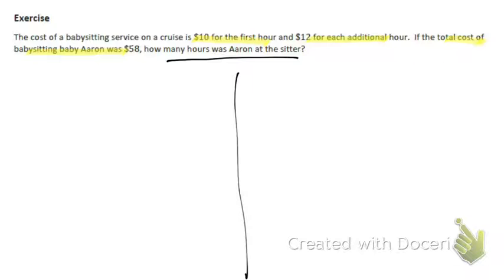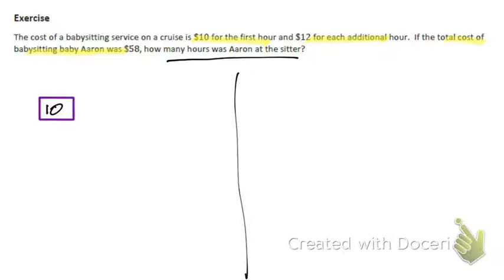This one is a little trickier for the tape diagram because we don't know how many boxes we're going to draw. First of all, for babysitting the first hour, that's, no, sorry, $10.